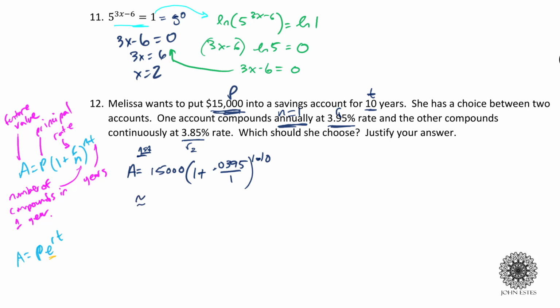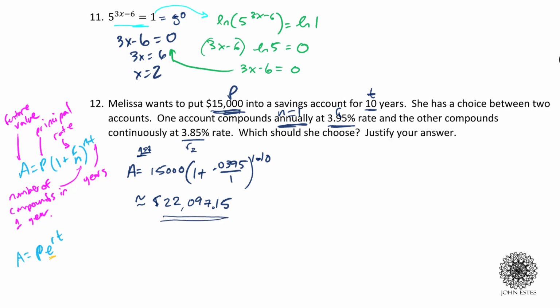But if you calculate it correctly, you should get approximately $22,000, or $22,097.15. Okay, so that's the first future value. In other words, if she puts in 15,000 for 10 years at this rate, compounded annually, she'll end up with this amount, which is not too bad.